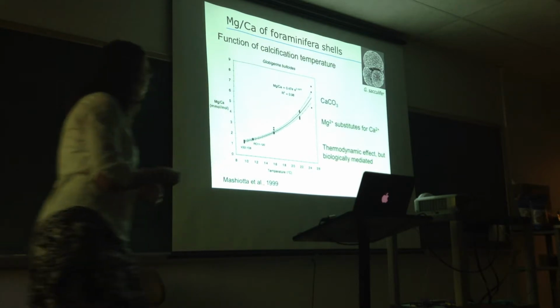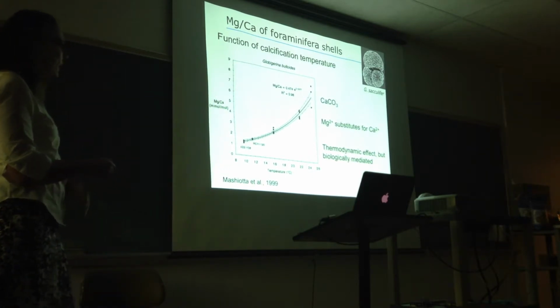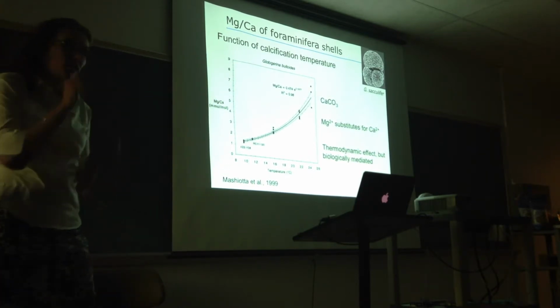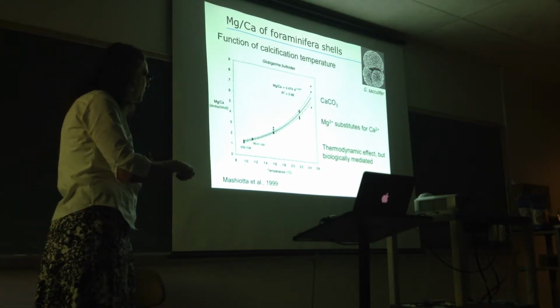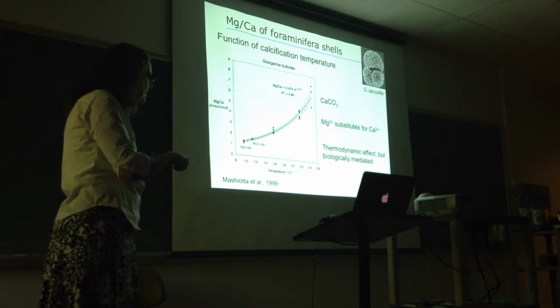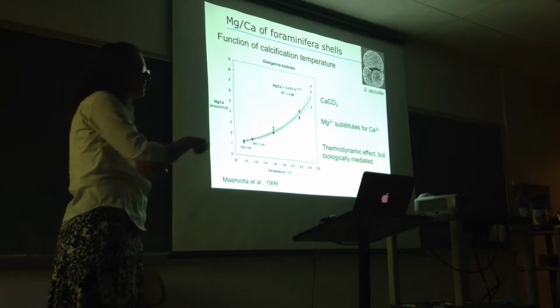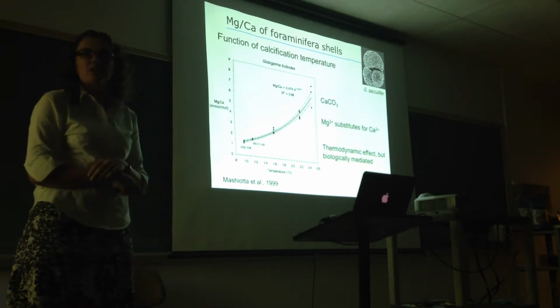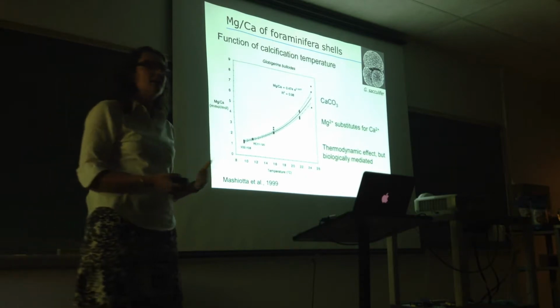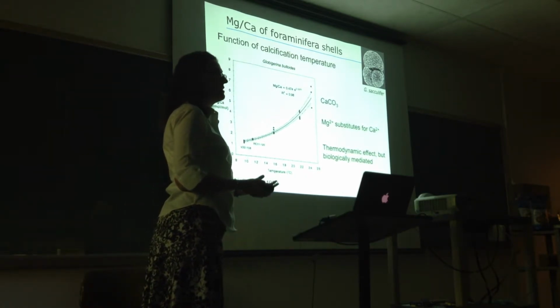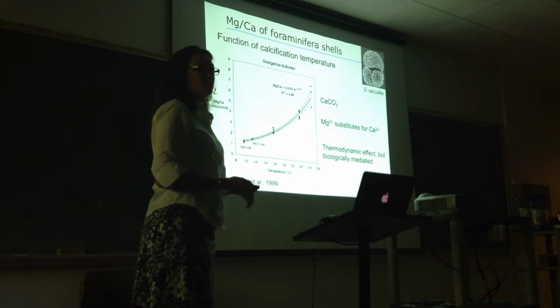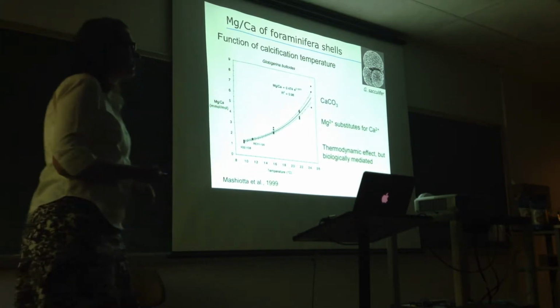So this is a culturing study, where somebody is growing foraminifera very carefully at controlled temperatures, and the warmer the temperature is, the more magnesium is in there relative to calcium. So the same thing: we can look at the fossil record, measure the magnesium-calcium ratio, and get temperature out of that.